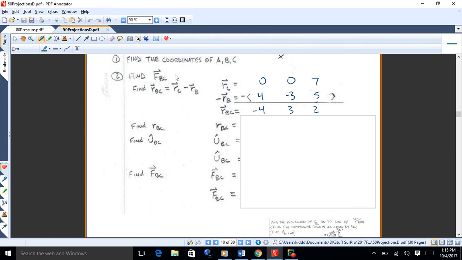Okay. Next thing to do is to find the magnitude of that position vector. Theorem of Pythagoras.